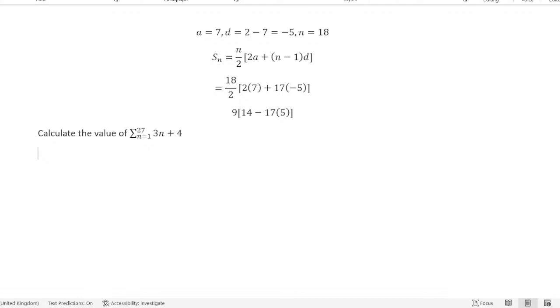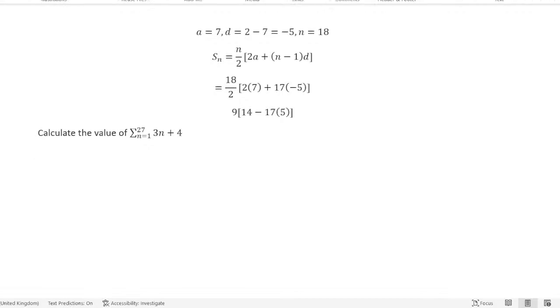All right, time's up. Okay, so here, calculate the value of the sigma. So the last term is 27, right? And the first value to be substituted is 1. So now let's calculate the first 3 terms.